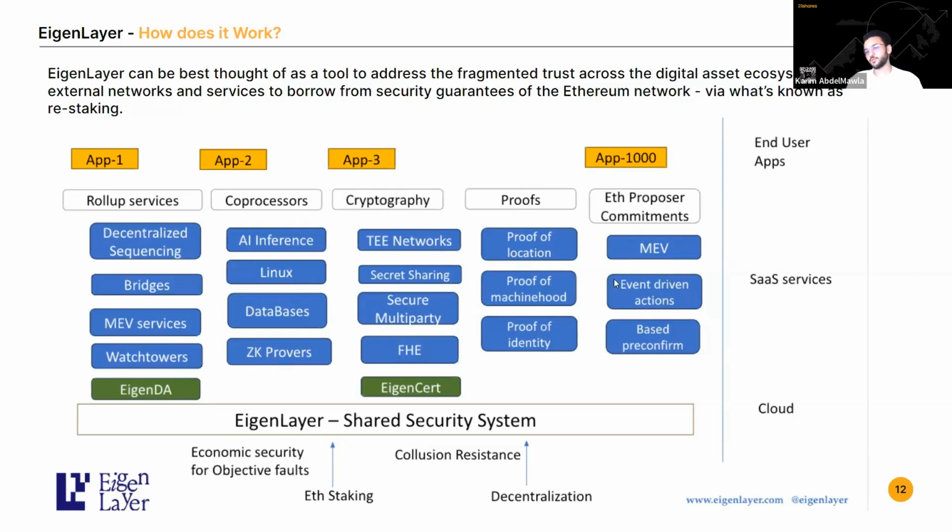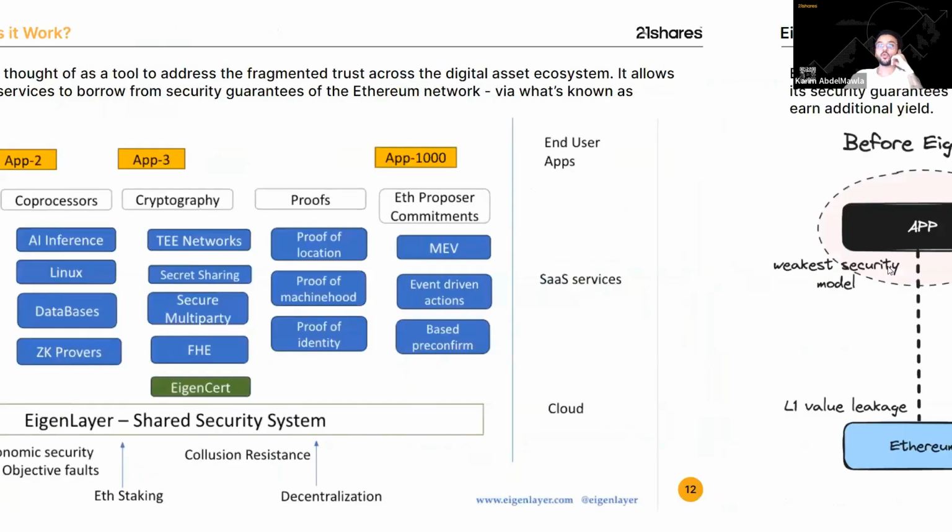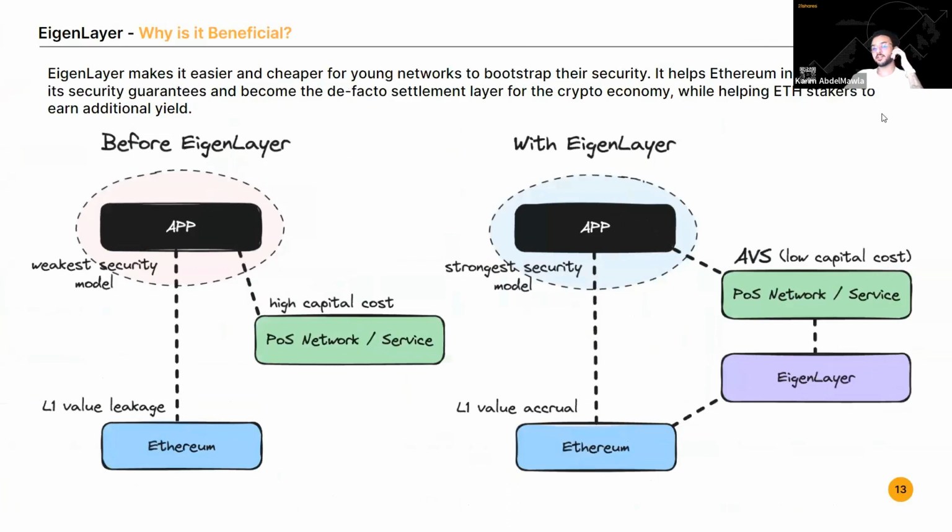So why is this beneficial? This is beneficial for a couple of reasons, but to simplify it and give you the key benefit, it's two things. First of all, if you're a small network, you don't have a lot of resources and you don't have a lot of supporters, which are the two key items you need to have a strong and resilient security layer.